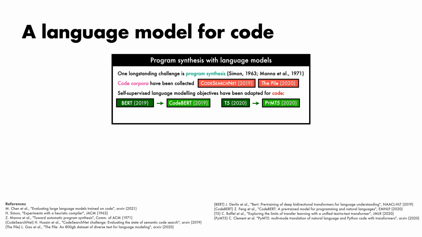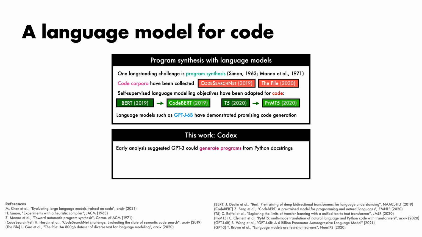As with the previous domains that we looked at, here too, scalable sequence prediction has been brought to bear, with models such as GPT-J 6 billion demonstrating promising code generation abilities. In a related vein, the starting point for this work was an early analysis into the capabilities of GPT-3, which suggested that GPT-3 could generate simple programs from Python docstrings, an intriguing capability given that it had not been trained for code generation.